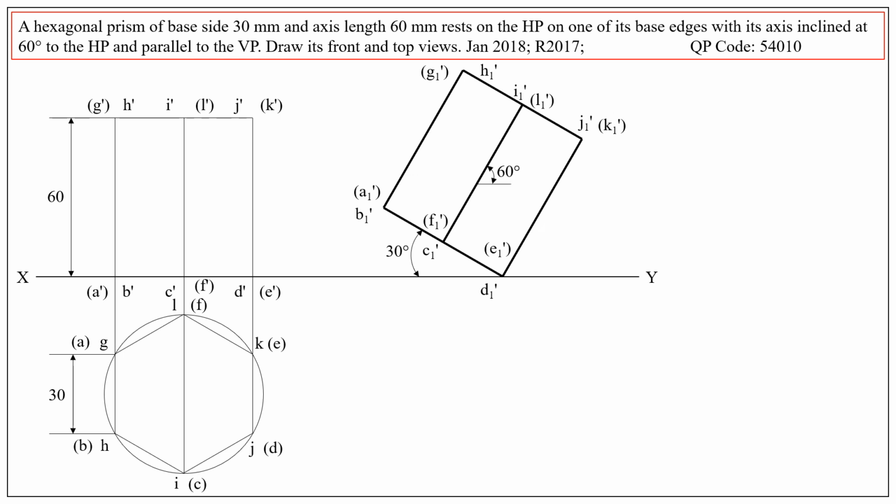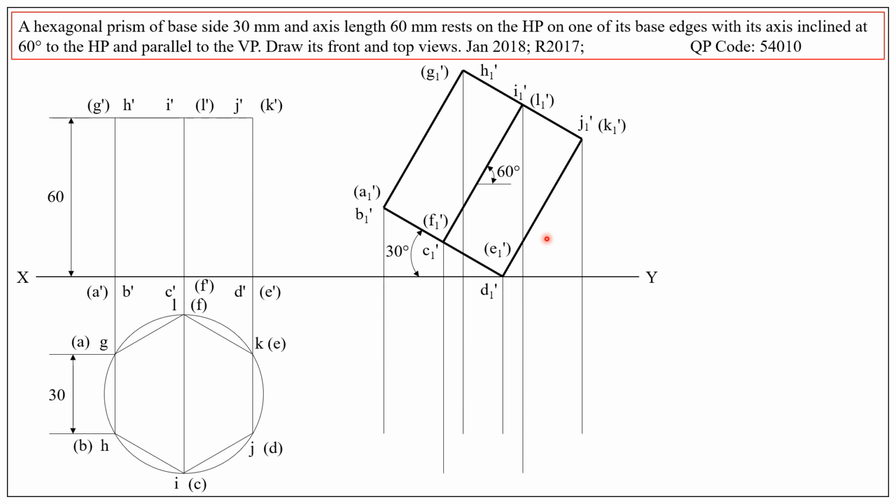To draw the final top view, project from each and every corner point in the front view and each and every corner point in the top view corresponding to the assumed position.